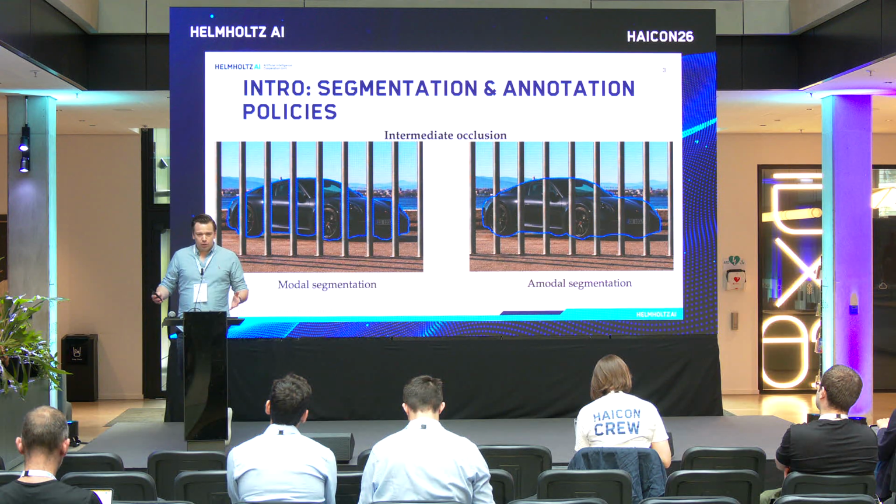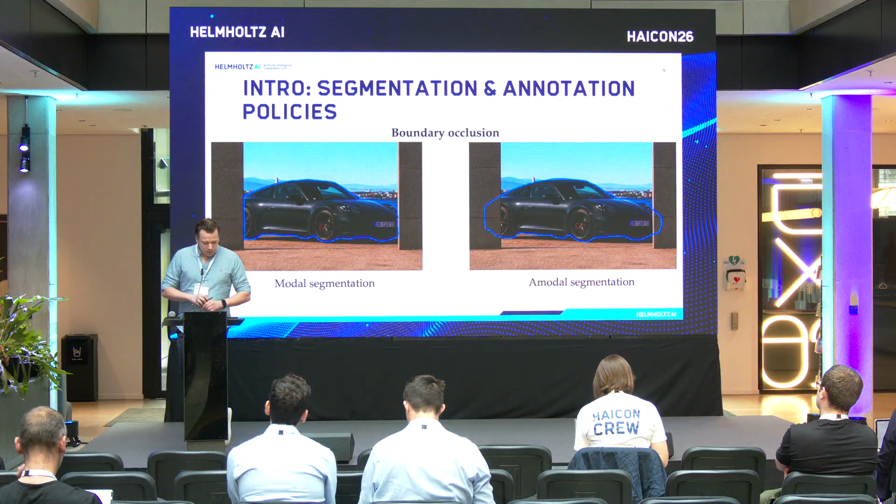For some downstream tasks, that is exactly what you need, but that is not really compatible with contours. On the right-hand side, you can see amodal segmentation, so one contour outlining the entire object, which is, for example, good for morphology studies and things like that. If you have boundary occlusion, it doesn't really matter which decision you make during annotation. Contours are basically fine with either one.